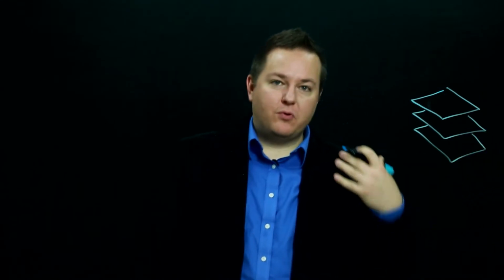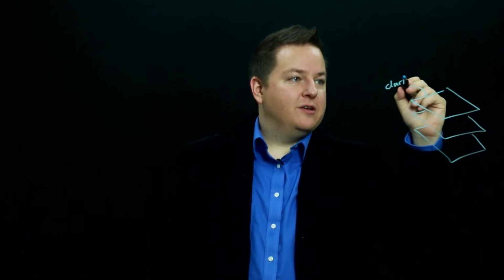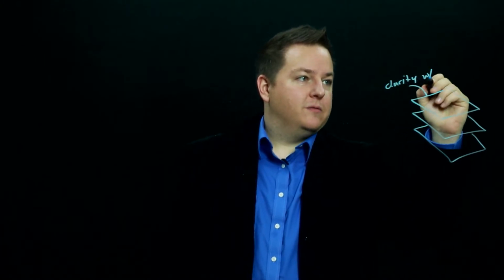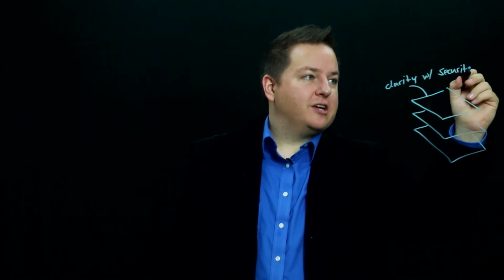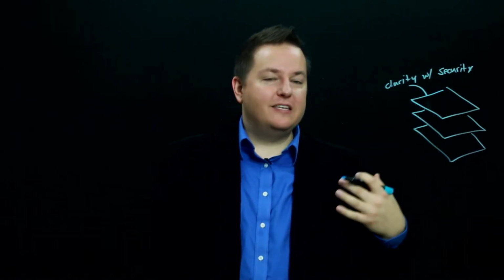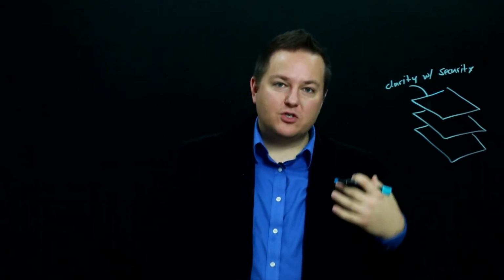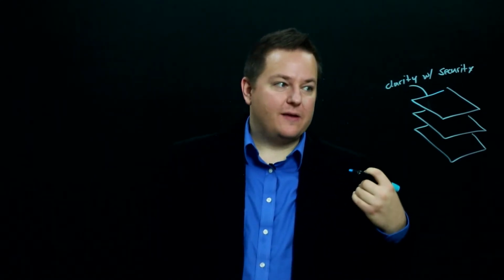So if we think of our application as relying on a layered set of abstractions, there are a number of principles that we want those abstractions to have. One of them is we want to have clarity with respect to security. We don't want to look at our abstractions and not be able to obviously see how that abstraction is impacting security.